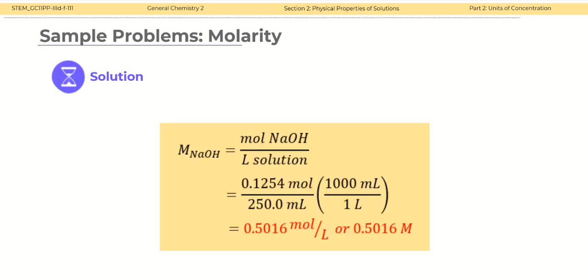Divide the given number of moles of sodium hydroxide by the volume of the solution. Take note that the volume of the solution must be in liters. The conversion factor is that there are 1000 milliliters in 1 liter. The molarity of the solution is 0.5016 moles per liter or 0.5016 molar.